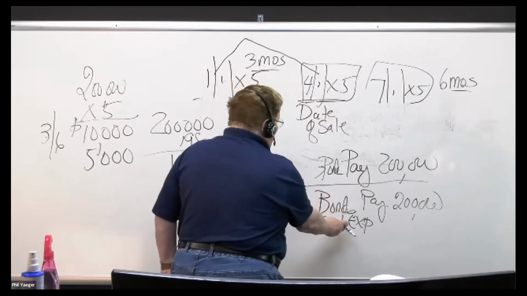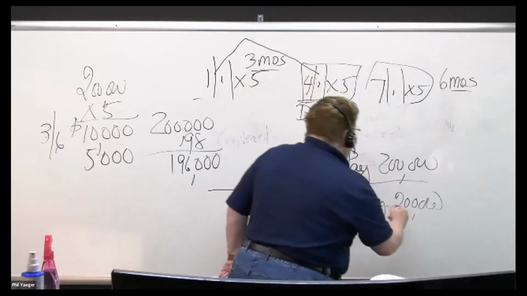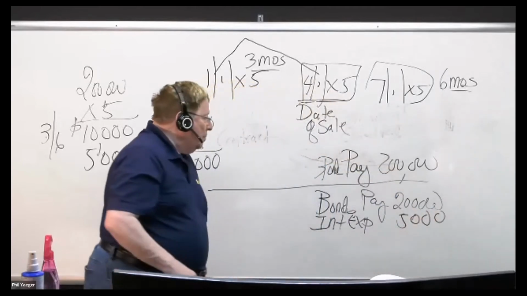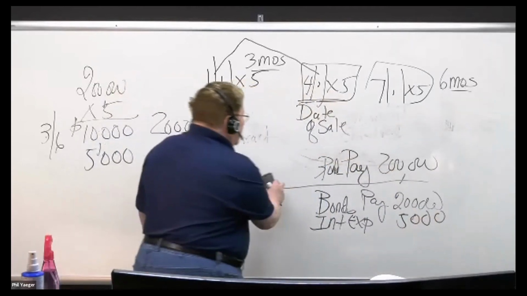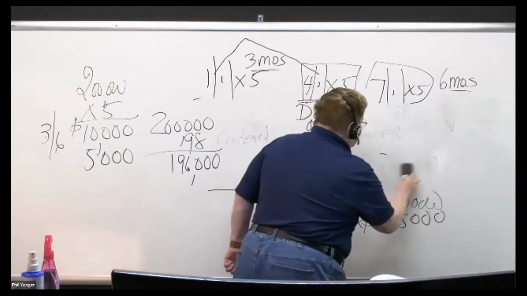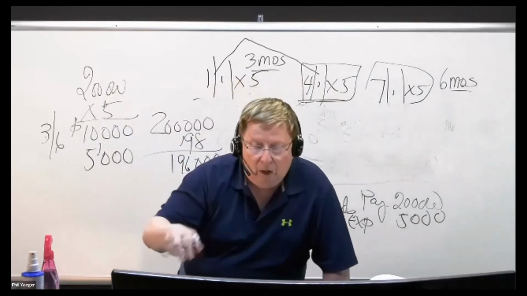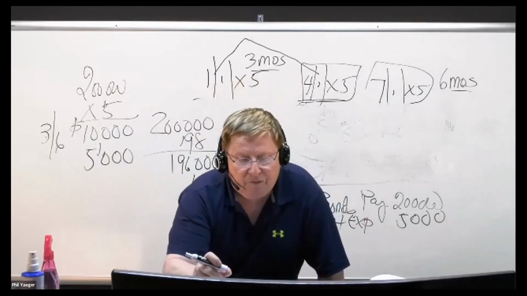Do you agree? Yes. That is 5,000. So my entry shows a credit to bonds payable of 200,000 and a credit to interest expense of 5,000.